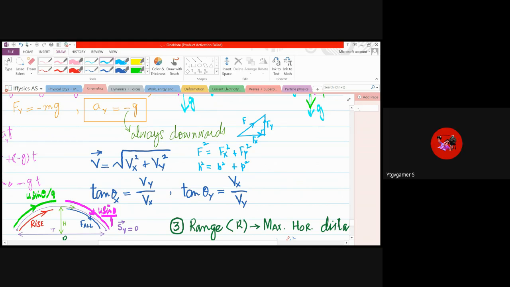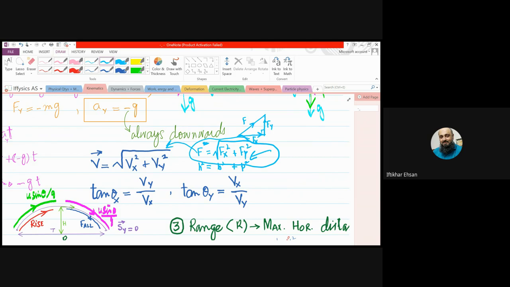When we take the square root of both sides, the square is cancelled by the square root. So this is the formula if we have to find a velocity by using its components. And the same formula we can rewrite in the form of v, just replace F by v, velocity.